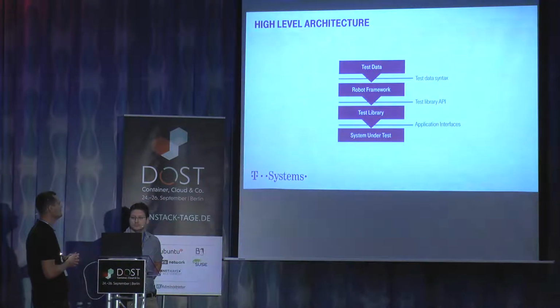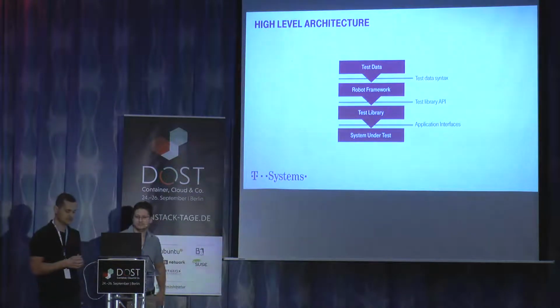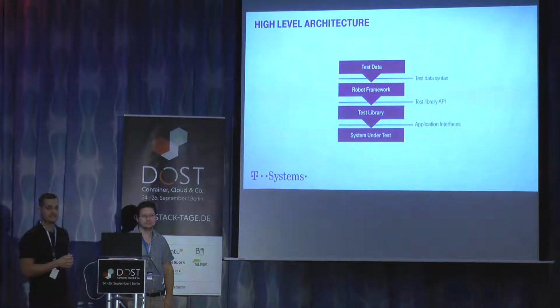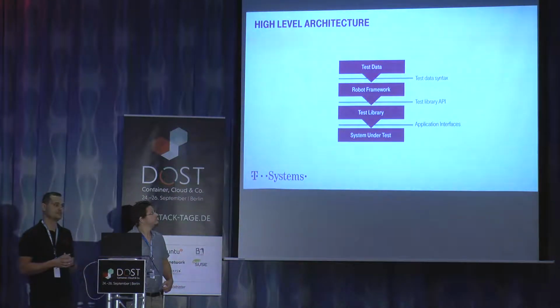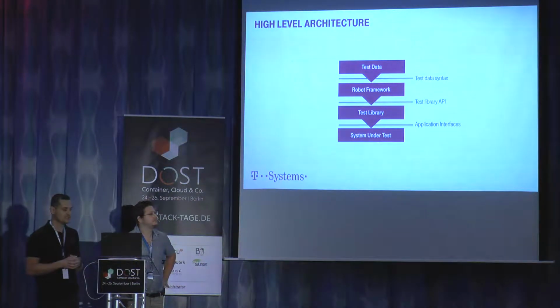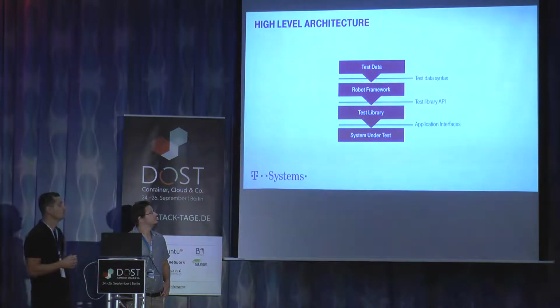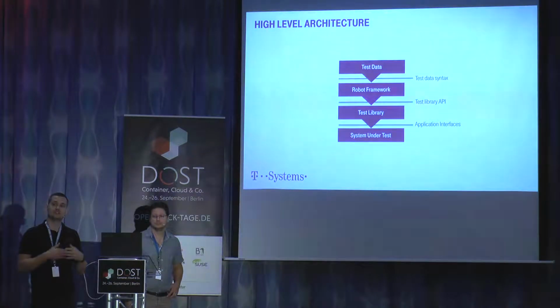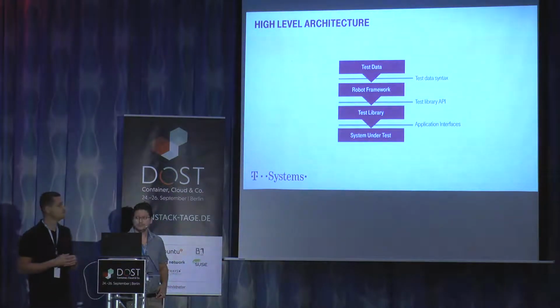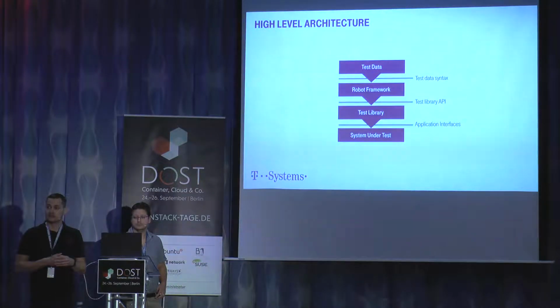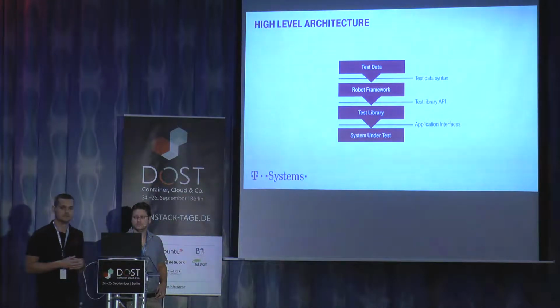So let's take a look at the high-level architecture quickly. At the very top, we have the test data. Test data contains the test cases, including the keywords, with all the data which the test cases and the keywords need. Then the next layer is the Robot Framework layer. Actually, this is the heart of the system.